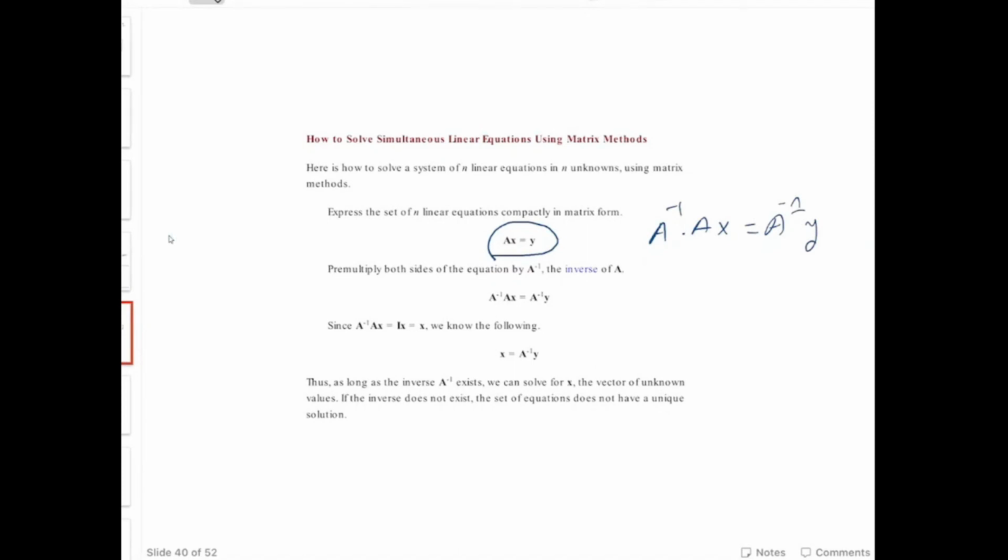And we know that A minus 1 times A is equal to the identity matrix. And then we can express x as A minus 1 y. So to solve this equation, you just need to find the inverse of the matrix and multiply it by y to get x.